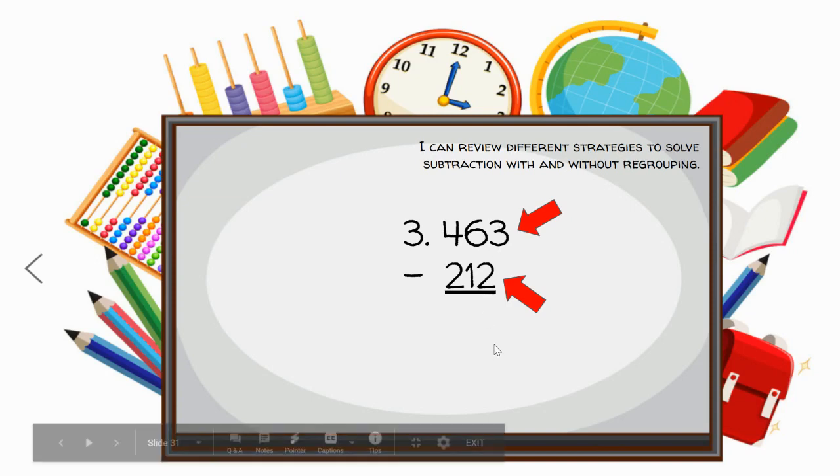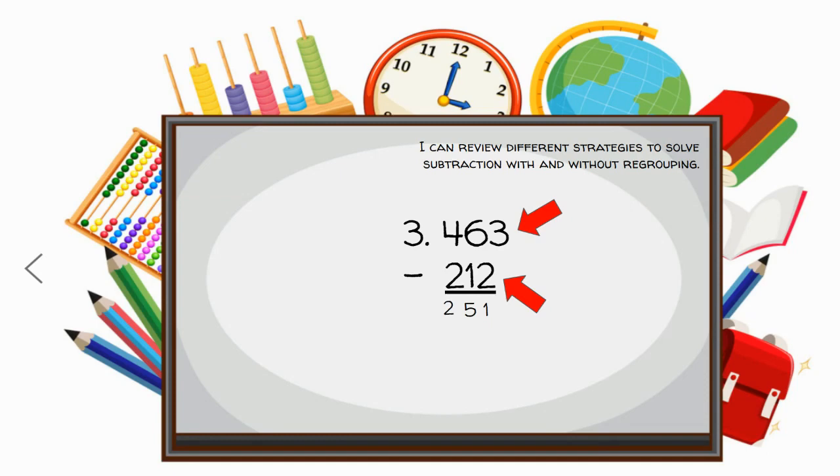Sure, I can. So 3 minus 2 is going to be 1. And then I go to my next. 6 and 1. Can I take 1 out of 6? Sure, it's 5. And finally, can I take 2 out of 4? Of course, Miss Padilla. Okay, so you got this.